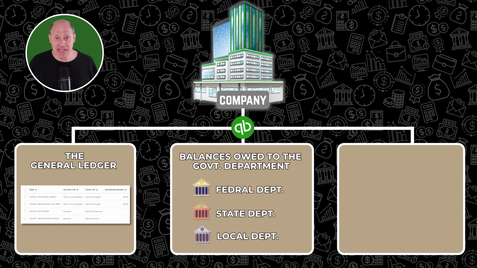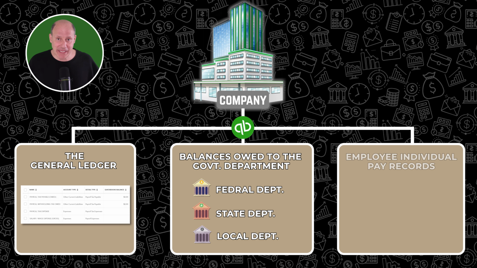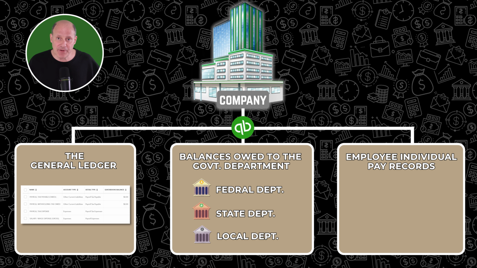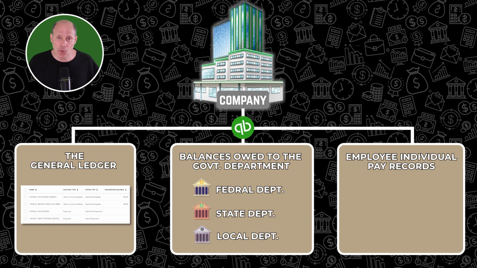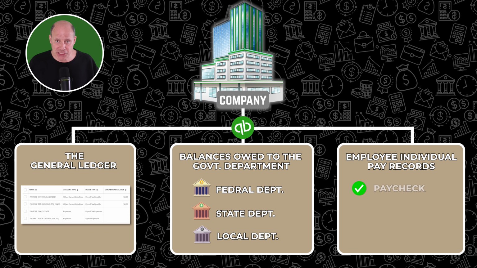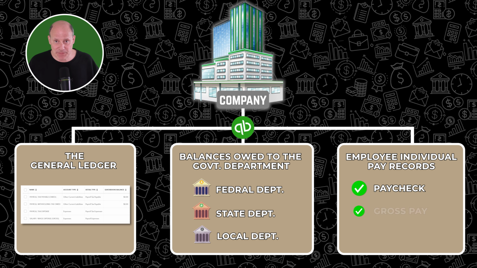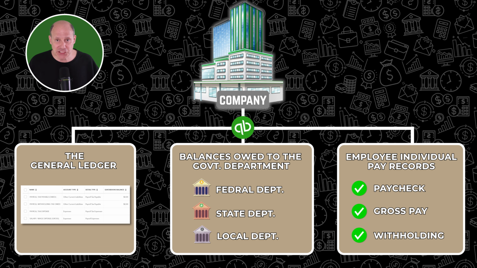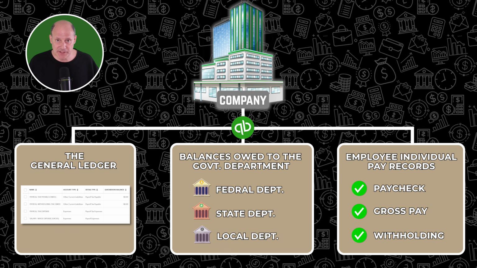And in addition to that, each employee that is paid a check must have a separate record inside the QuickBooks Online software to keep track of every paycheck, every amount of gross pay, and every amount of withholding from every paycheck that they ever received.